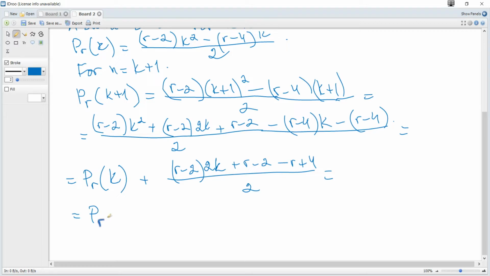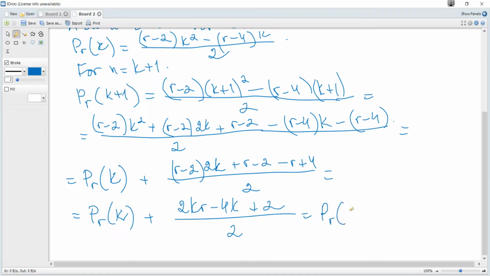It becomes Pr of k plus (2kr minus 4k, r cancels, plus 2) over 2. We can divide each term by 2 and get Pr of k plus kr minus 2k plus 1.